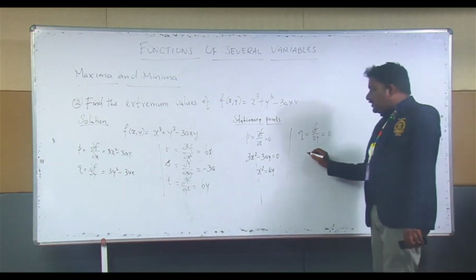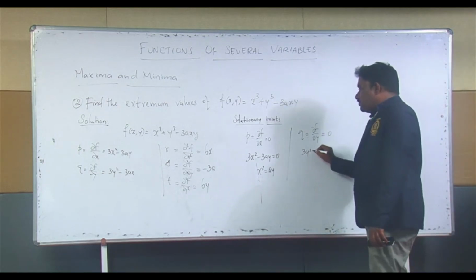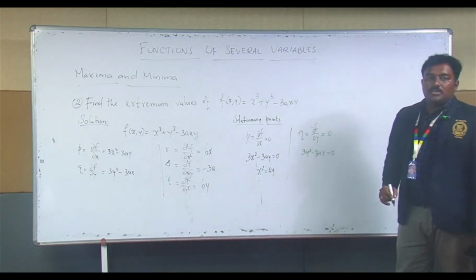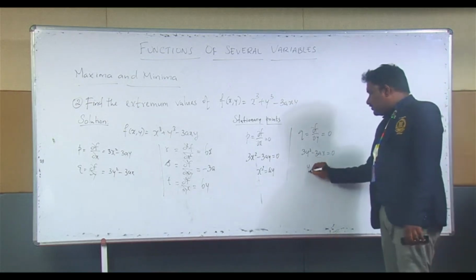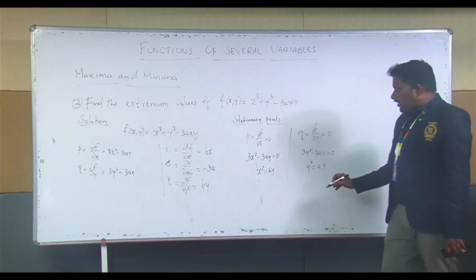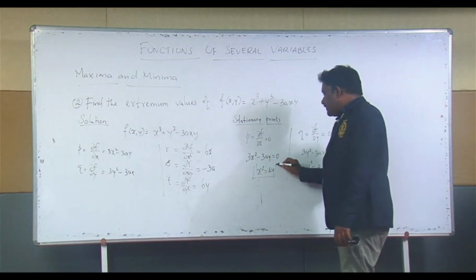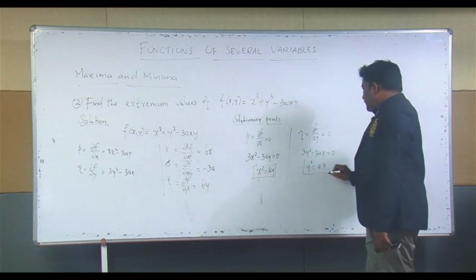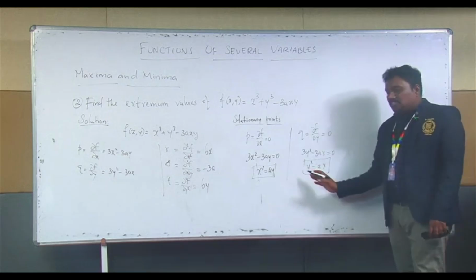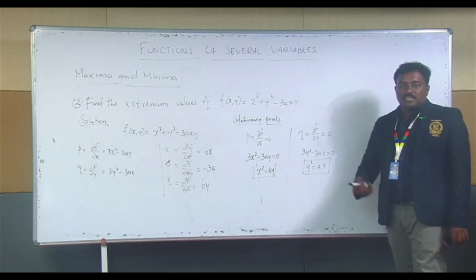So, dou f by dou y is 3y square minus 3ax, that is equal to 0. By simplifying, I can write y square equal to ax. Now we have two equations, x square equal to ay and y square equal to ax. By solving them, we should find the values of the stationary points.